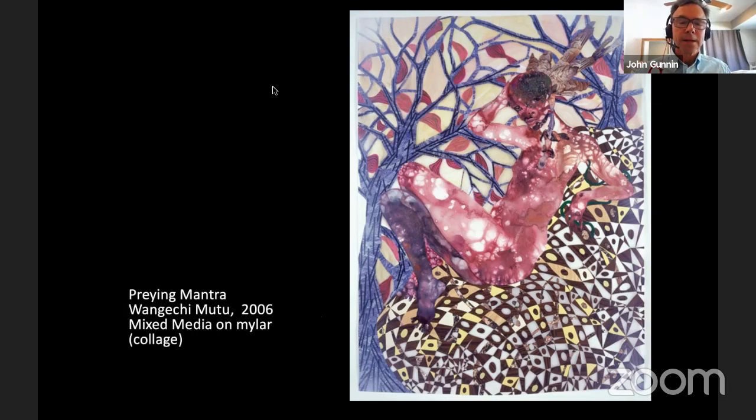Okay, so, mixed media on Mylar. Wangechi Mutu would use all kinds of different magazines and things like that, and so I definitely recommend you look at some of her other work.